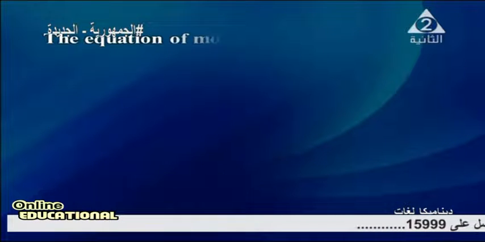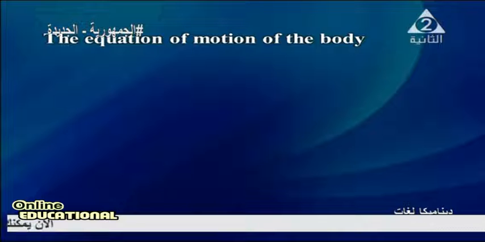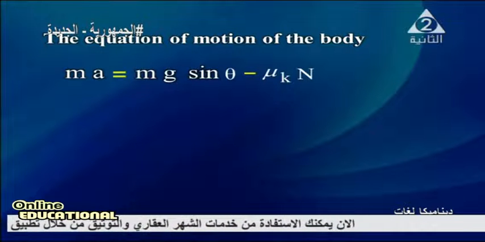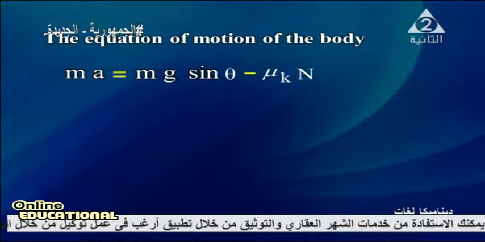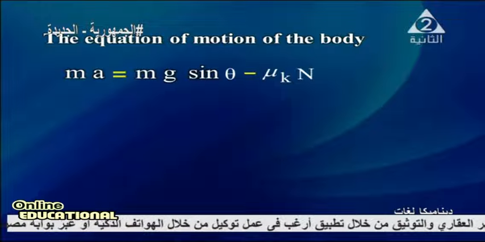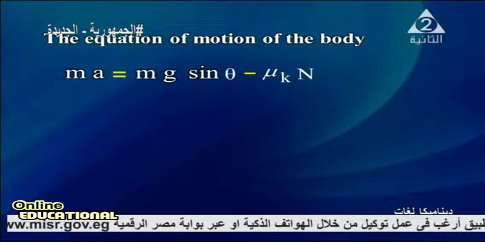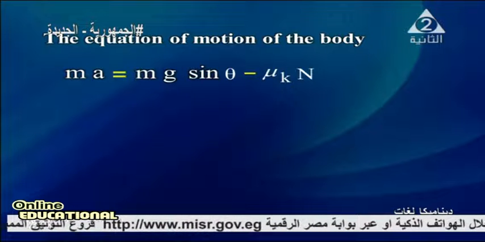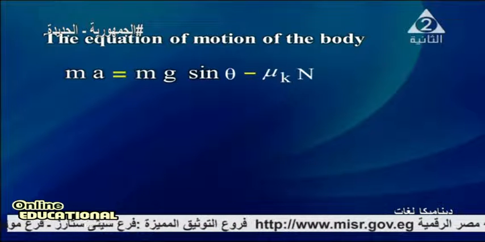Now we can write the equation of motion of the body. MA equals mg sine theta minus mu k N, because the body moves under the action of two forces.